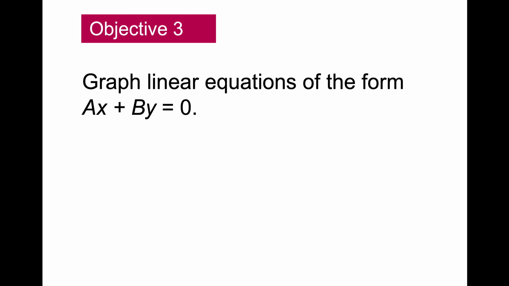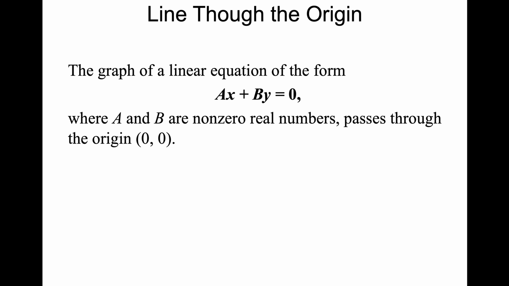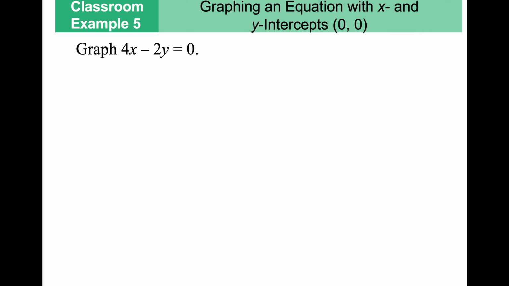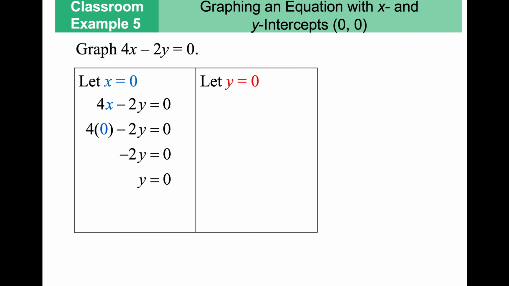Now, the great thing about this equation being in standard form is it makes it very easy to find the intercepts. That's the whole benefit of using this form of an equation of a line, is that it's easy to find those intercepts, because if I plug in 0 for x, it just kind of works out nicely, right? I get negative 2y equals 0. Y equals 0.